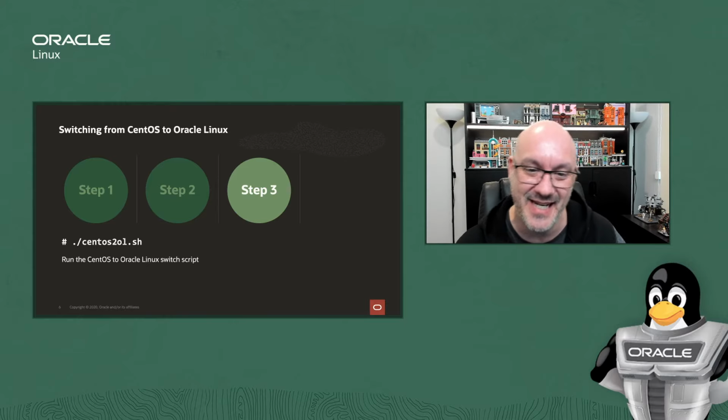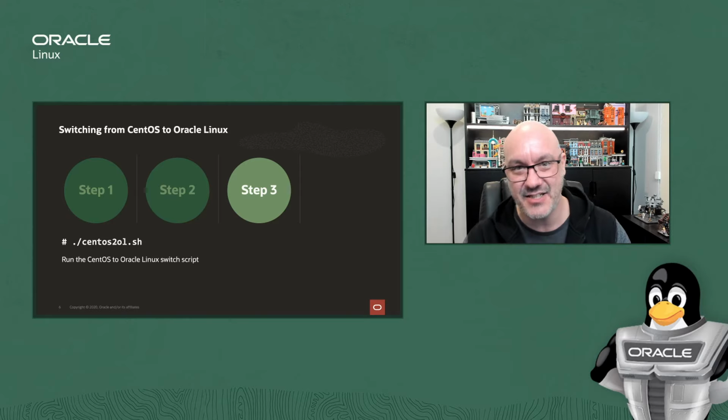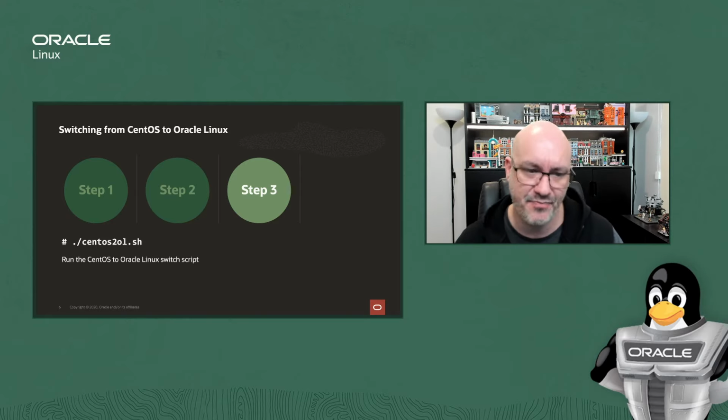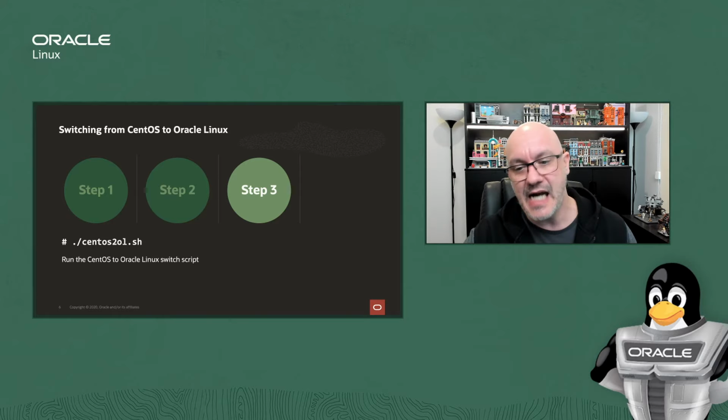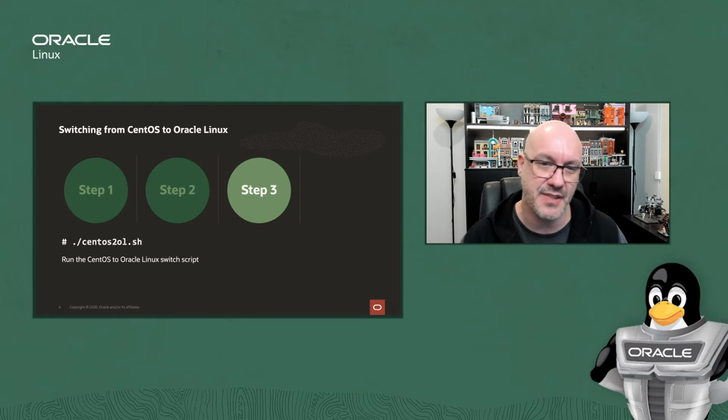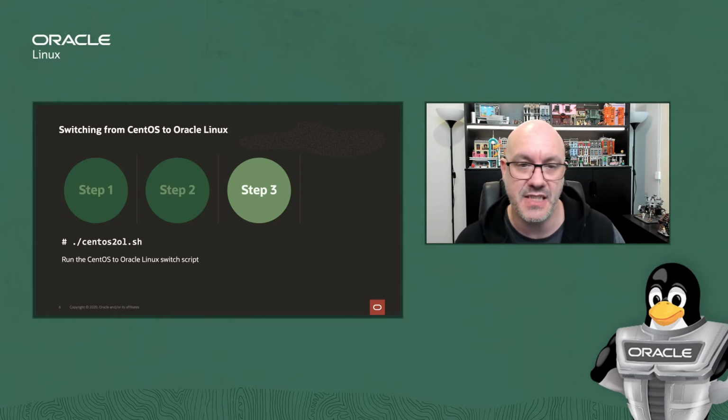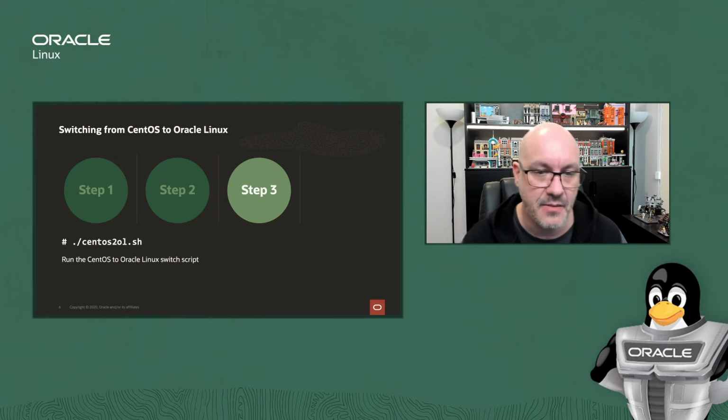That's what's happening now. The process it undertakes is it determines all of the CentOS packages that we need to replace. Things like centos-release and certain reporting tools and certain packages that just don't exist in Oracle Linux because CentOS added them.